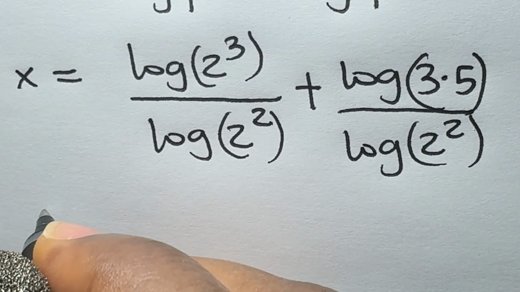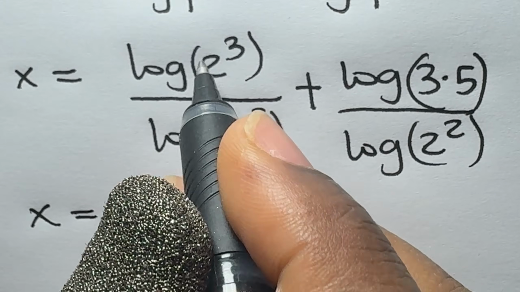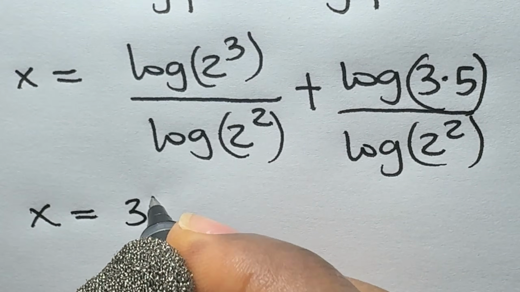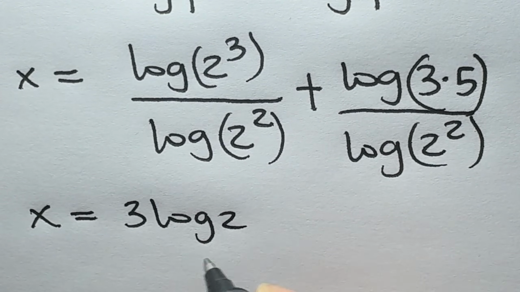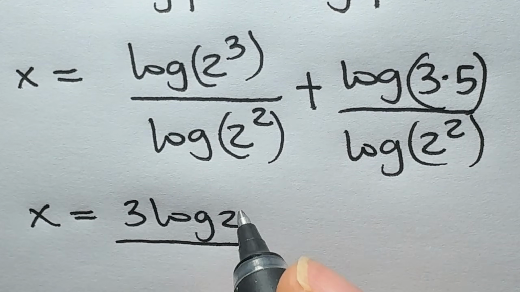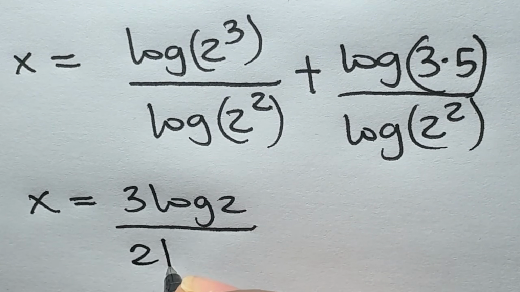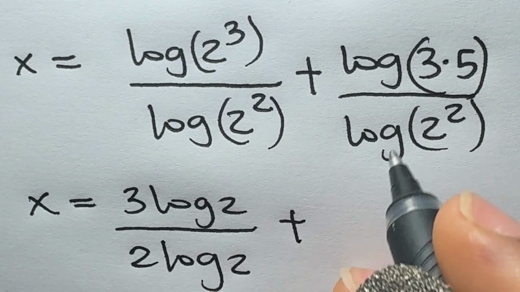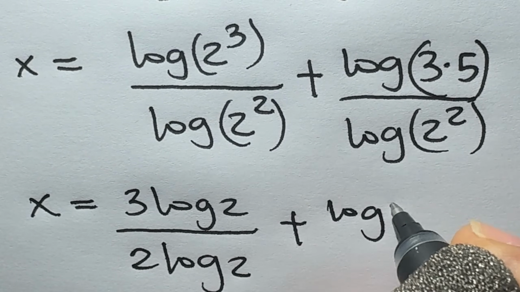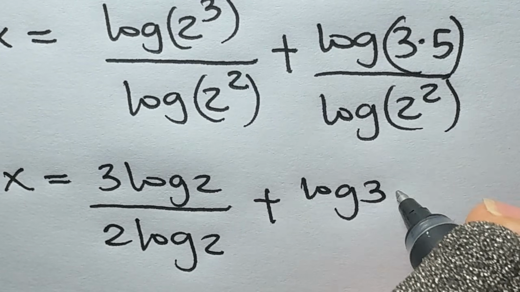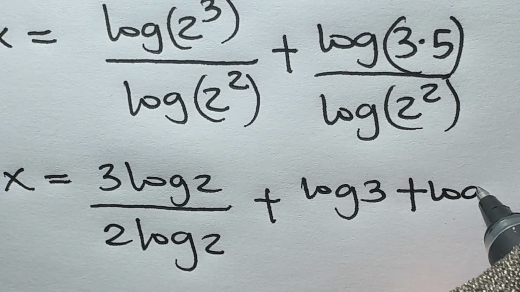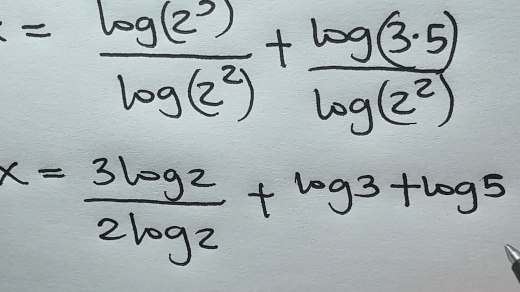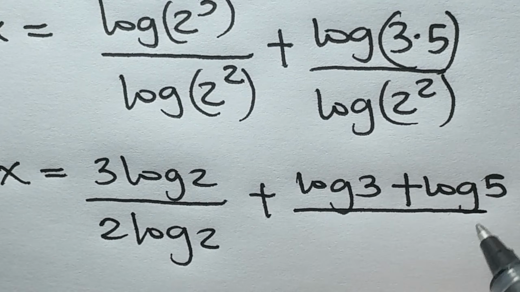Then x is going to give me, this is 3 log 2 divided by, this is 2 log 2, then plus, separate this product into log 3 plus log 5, then divided by 2 log 2.